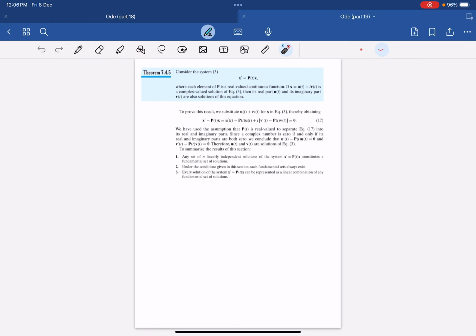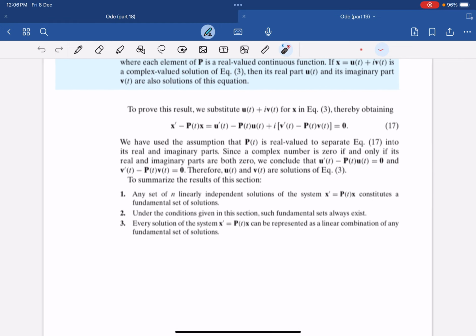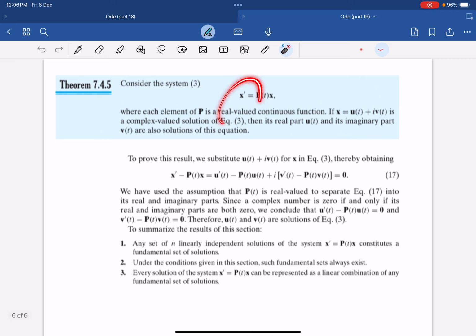The last part is just an extra fun fact. If you have a complex valued solution to the equation, then the real and imaginary parts will also be solutions. The proof is that we substitute this complex valued solution into the equation, and we see the following.